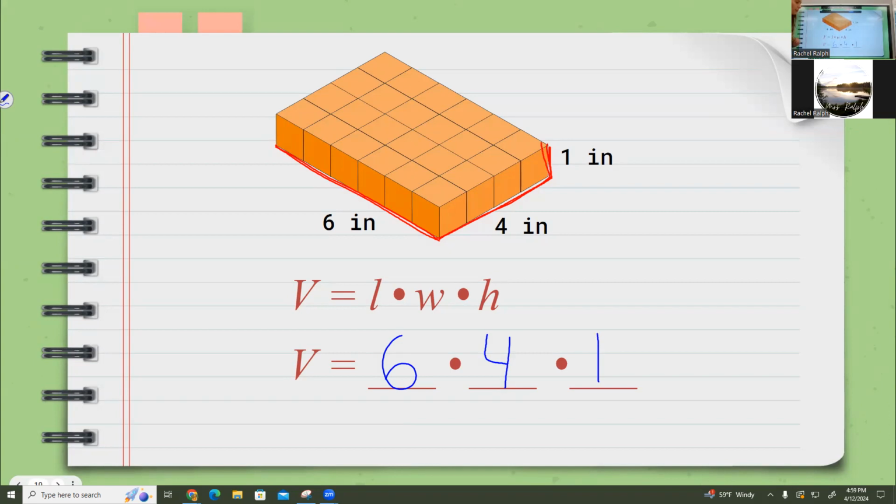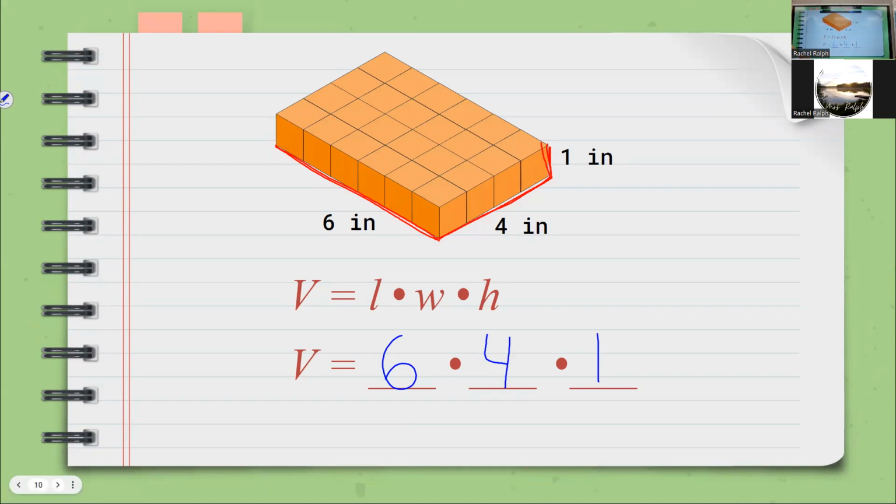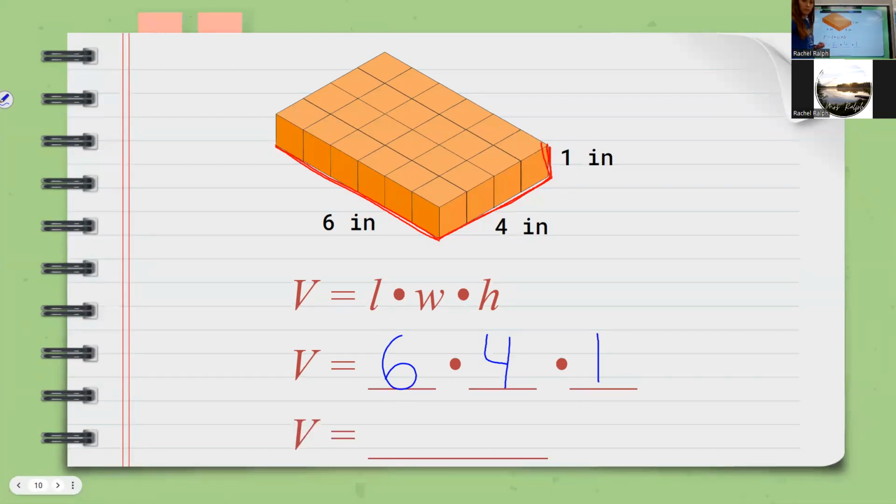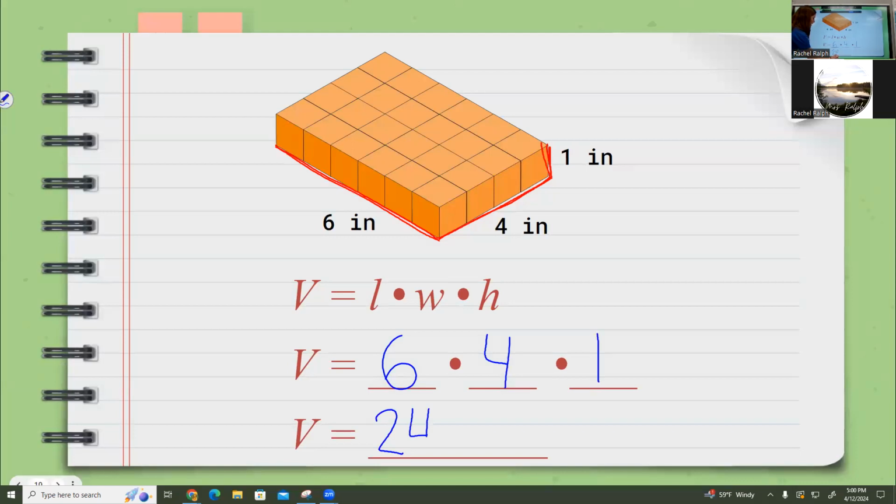The great thing about this is that when we multiply 6 times 4, we get 24, times 1 is still 24. There are 24 cubic inches inside of this shape here. We could literally count them up, right? 1, 2, 3, 4, 5, 6, 7, 8, 9, 10, 11, 12, 13, 14, 15, 16, 17, 18, 19, 20, 21, 22, 23, 24.